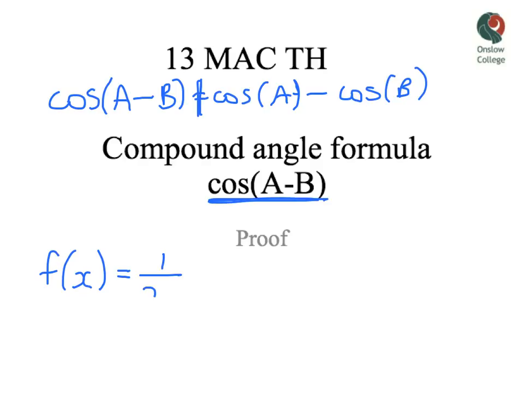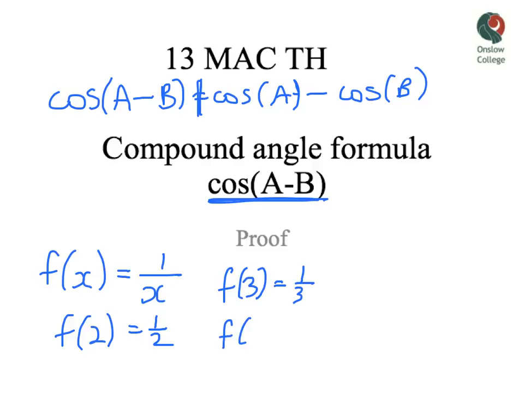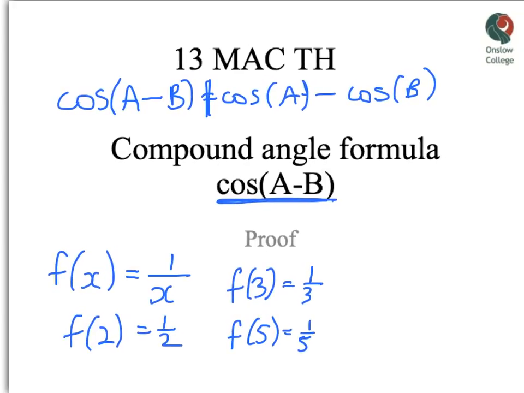So if our function is 1 over a number, if we have f of 2, we get 1/2. F of 3 is 1 over 3, or 1/3. Now if we look at f of 5, we get 1/5. And that's definitely not the same as 1/2 plus 1/3.